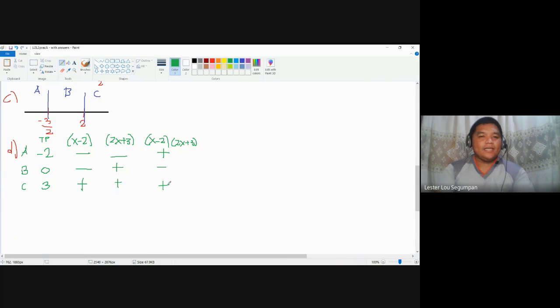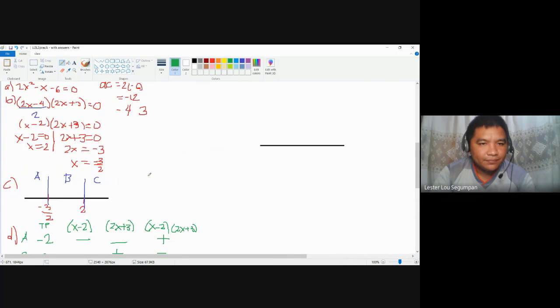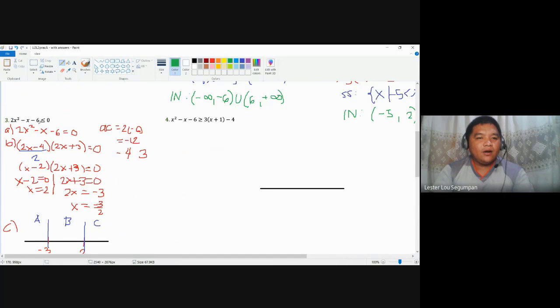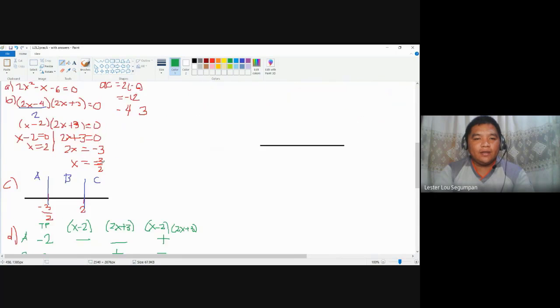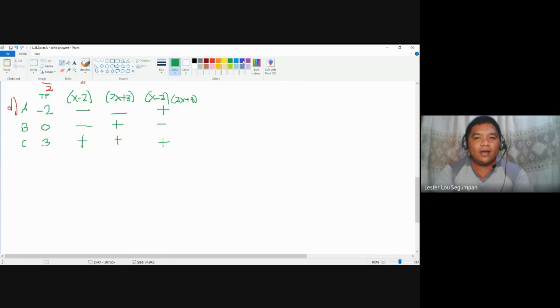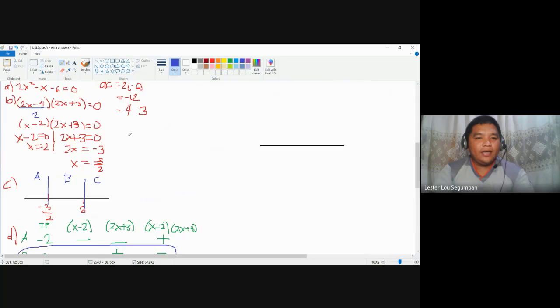Okay? Now look at the given. The given tells us all values less than or equal. So if we talk about less than or equal, the region would be the negative values. Okay, these are all less than. And the equal is the roots here, because it includes now the roots; if substituted, it will still be equal to 0, as well as 2 here.